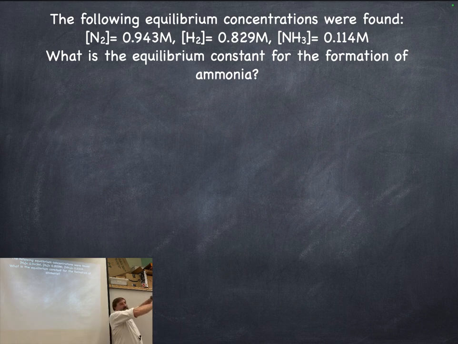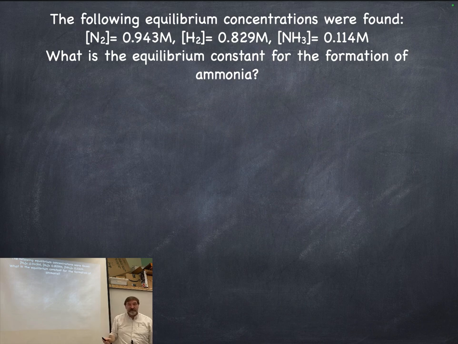So we started at some point. We don't know what it is yet. We didn't deal with a starting point. The chemical reaction took place, and we reached this equilibrium value. What is the value of K? All right, that's our first question. Step 1, write down the balanced chemical equation.